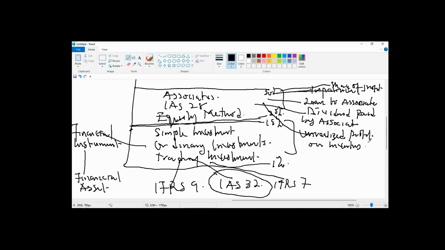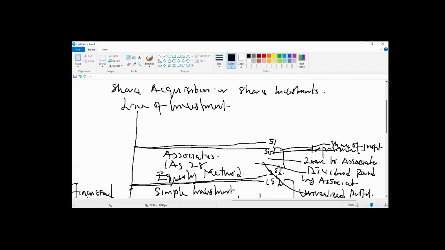Then, if I have investments from 51% up to 100%. What type of investment is called this one?